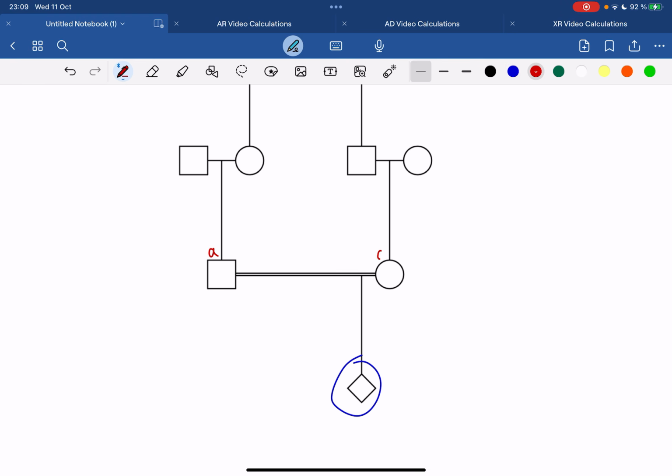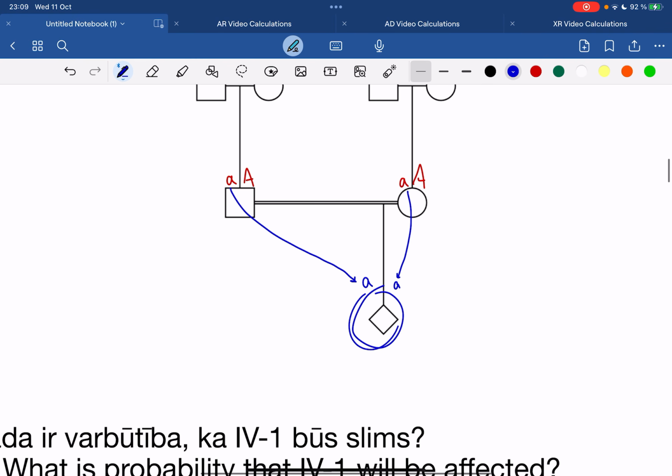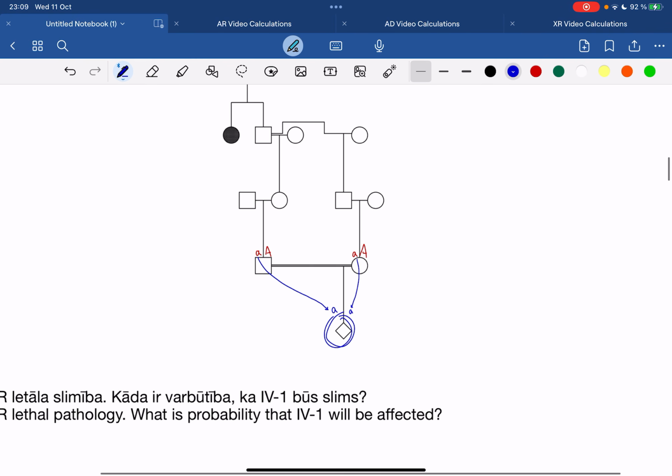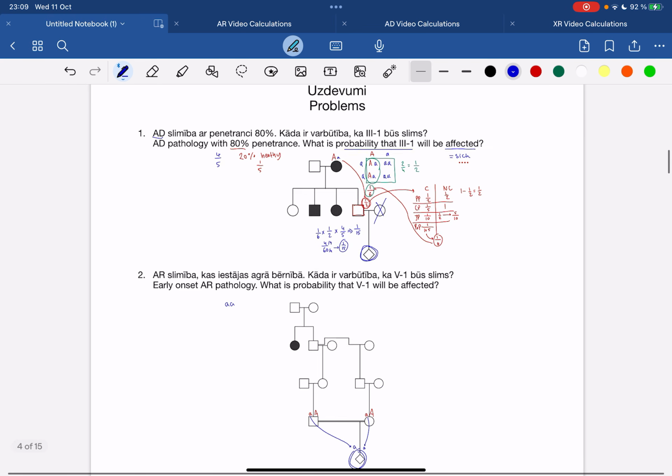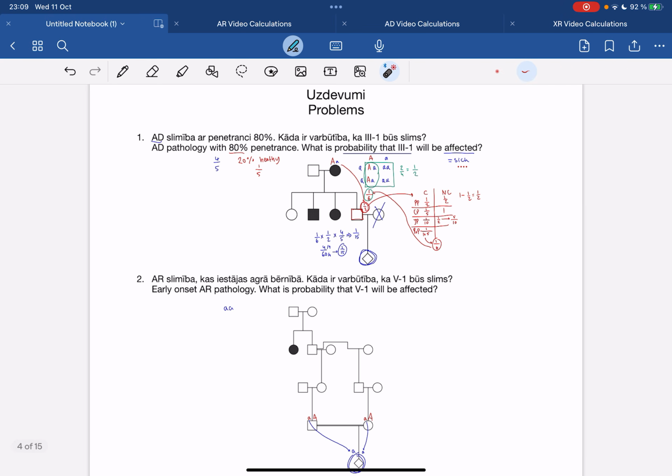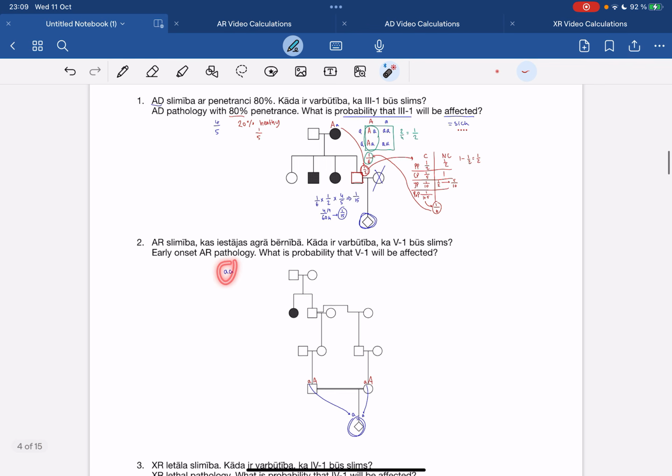So let's say this parent is a carrier and this parent is a carrier. They both have to give one unhealthy allele each for this child to be sick, because for autosomal recessive, you need to have 2 sick alleles. It's not just enough, like we did with the dominant, to have one sick allele. You have to have both of them.